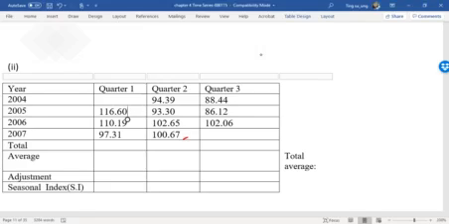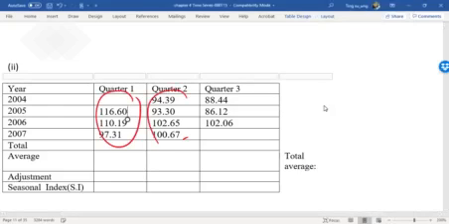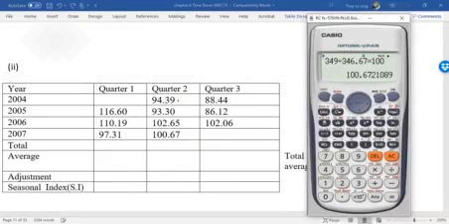Okay, so after that, what you need to do? You need to total up. You total up respective to each of the quarters involved. Let us start with the first quarter first. 116.6 plus 110.19 plus 97.31.